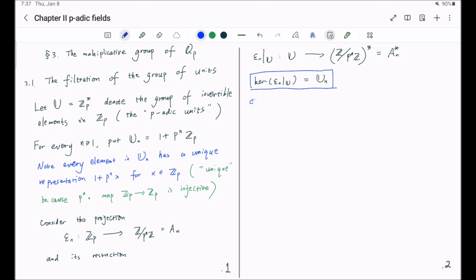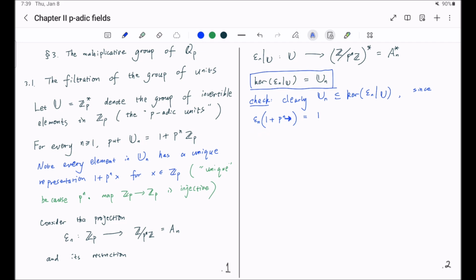Now let's check this. One direction is clear. It is clear that U_n is contained in this kernel. This is because if you take any element in U_n and you apply the map epsilon sub n to this element, then it's easy to see that this is precisely just 1, because this part has its nth component divisible by p to the power n.